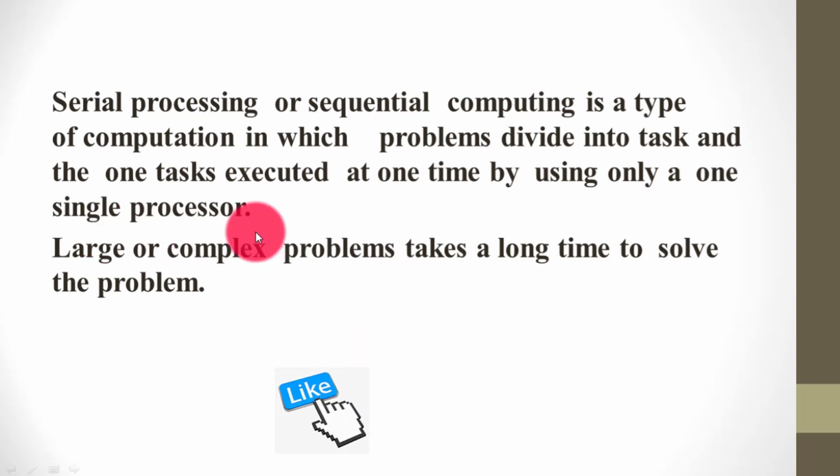Here the problem is split into tasks or instructions, but at one time only one instruction is executed by one single processor. A large or complex problem takes a long time to solve because the instructions wait for the completion of one instruction at a time. That's why it takes a long time.